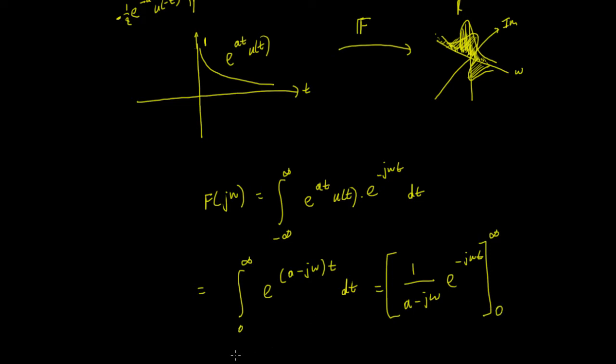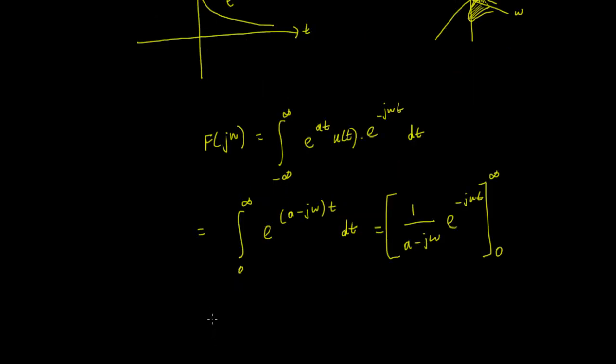The infinity part is going to give us 0, so we get 0 for the first bit, and then minus, and putting 0 in for this gives us 1, so it will be 1 upon a minus j omega. So the value will be equal to 1 upon j omega minus a.